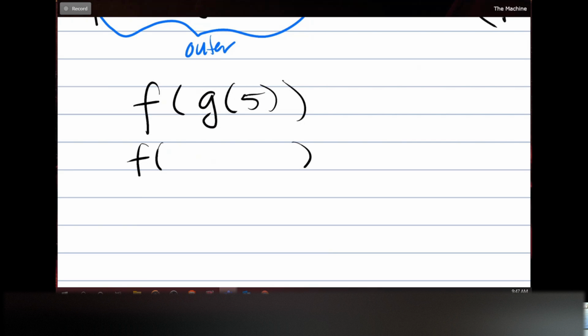G of 5 was going to be 2 times 5 minus 3. Isn't g 2x minus 3? Yes? Okay. So now, this is going to be f of, what is 2 times 5 minus 3? 2 times 5 minus 3 is 7. Now, what's f of 7?